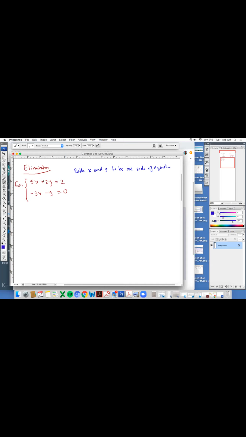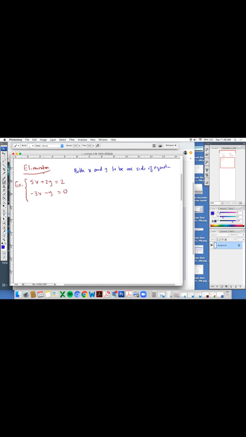Sometimes you might have to change these around: if you have y on one side and x on the other, you need to add or subtract to get both x's and y's on the same side. That's your starting point.